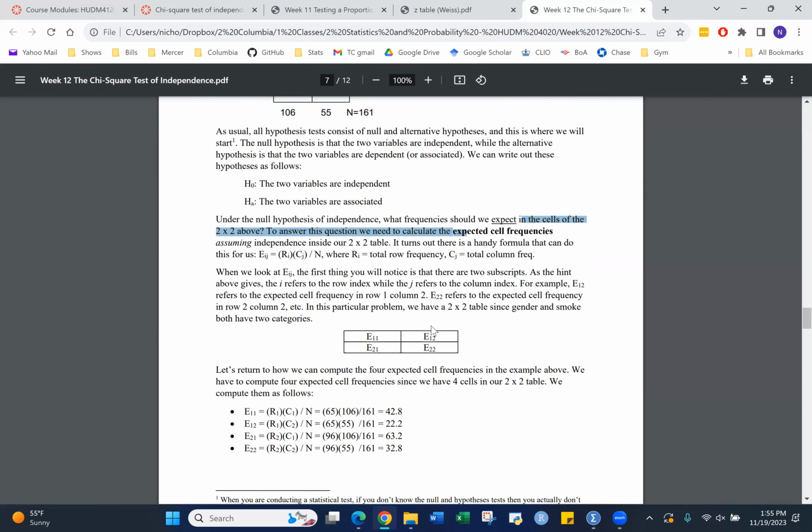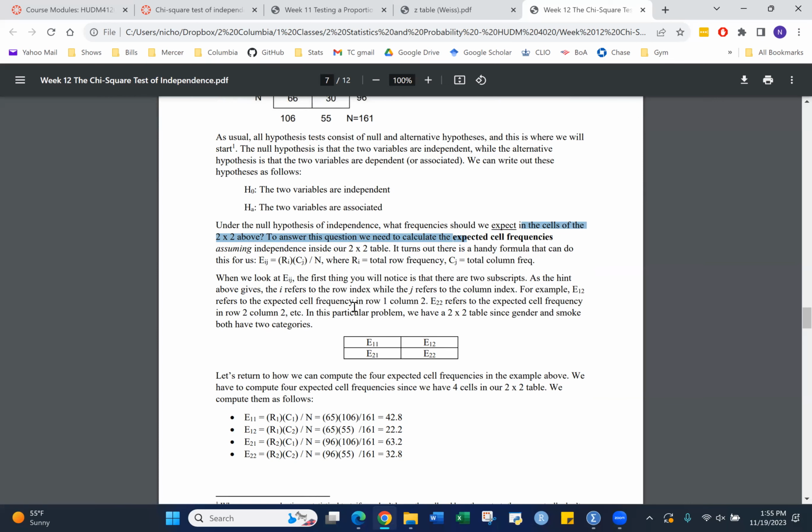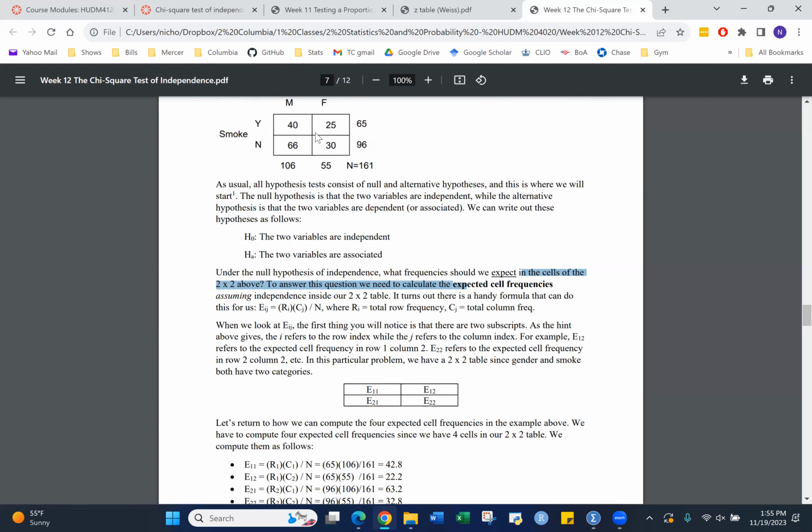And remember, these expectations are assuming independence. What we're basically going to do is this: the data in my sample are the observed frequencies.